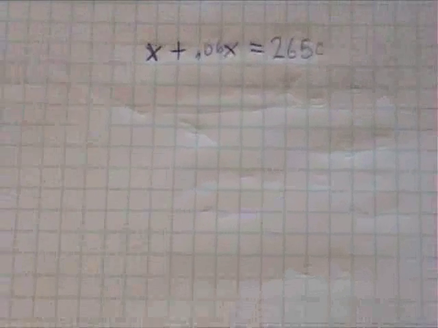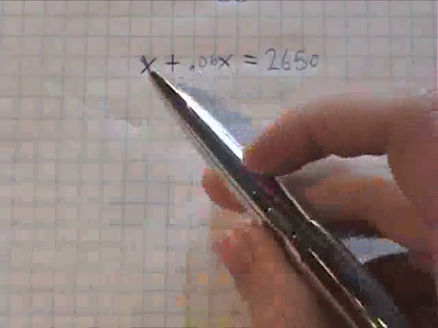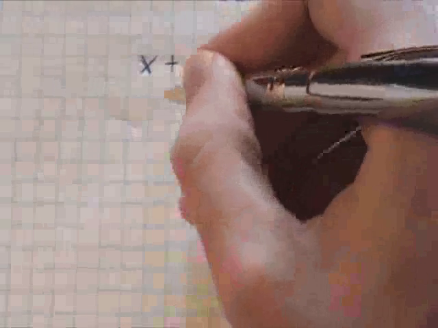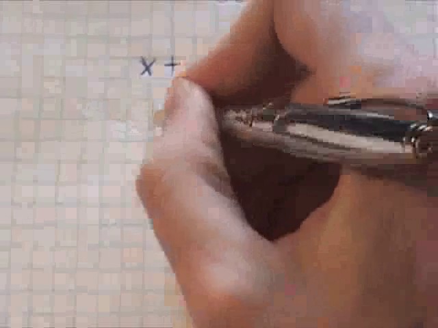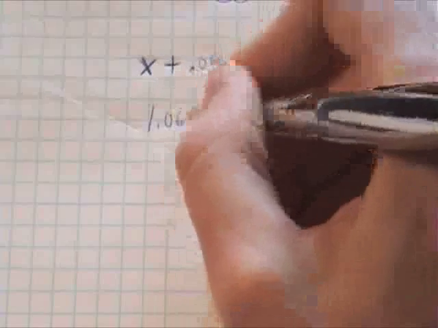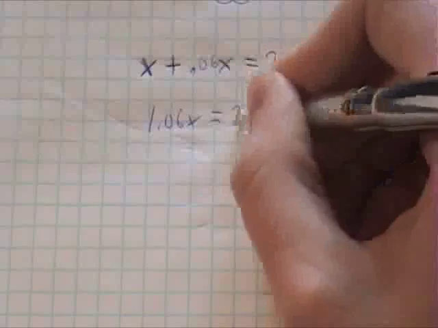So what can we do to solve this? Well, you have like terms here, so you can add those up. This is going to be 1x plus 0.06x, which is 1.06x, equals 2650.